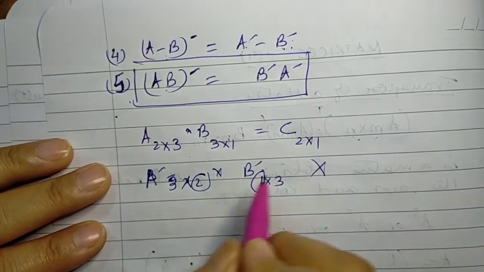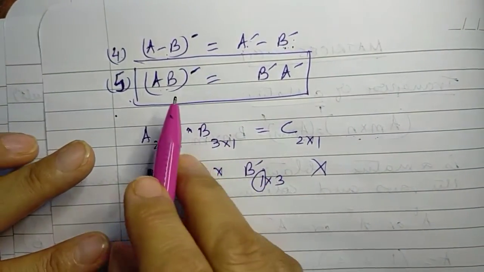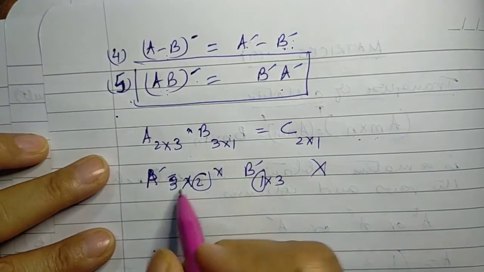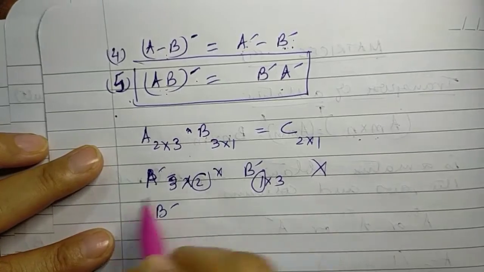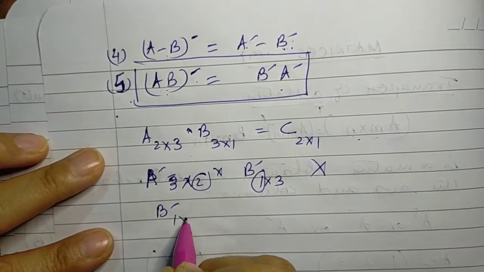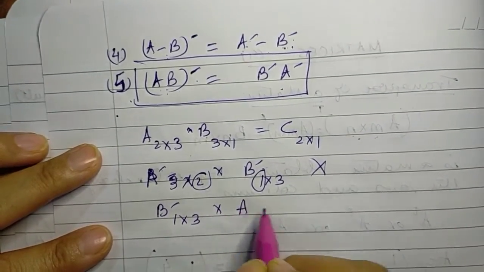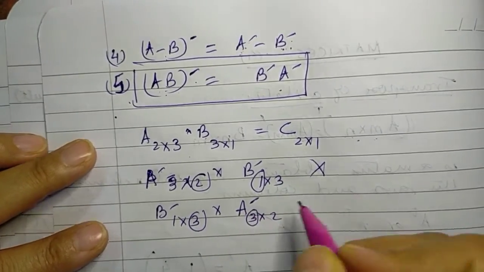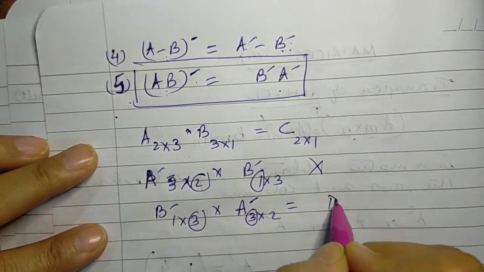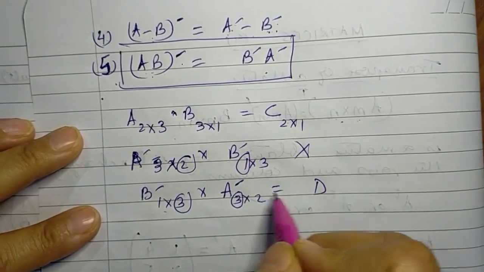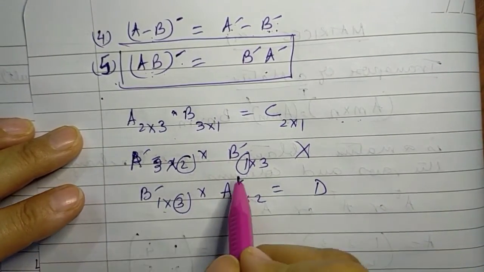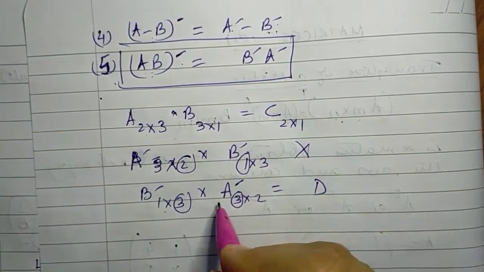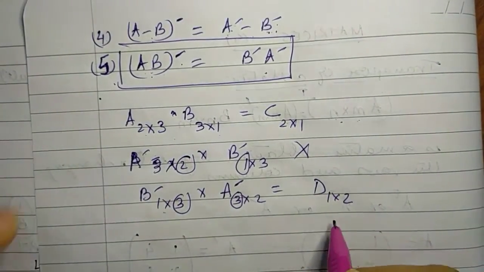And so for them to be comparable to AB transpose, we should at least have the reverse order. So if we have 1 by 3 into A transpose, which is 3 by 2, now they are conformable, and you will get some answer D, a 1 by 2 matrix.